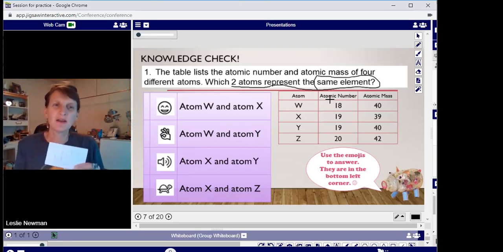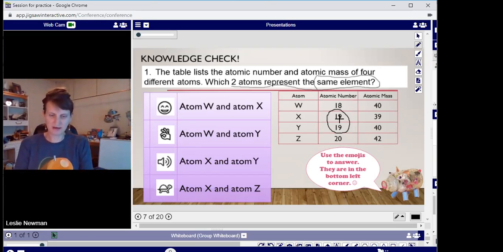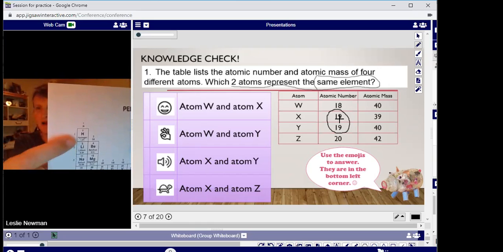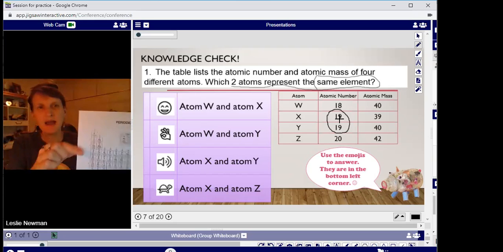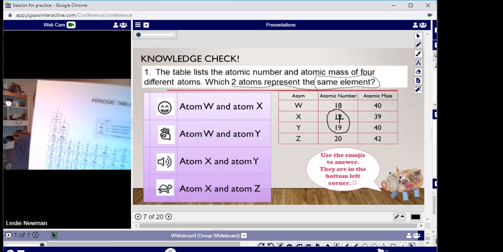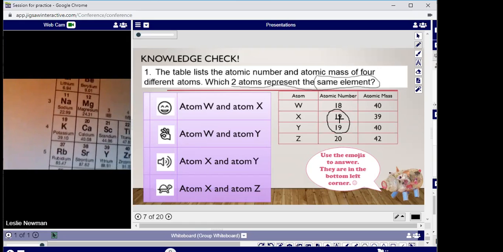Is the number of protons the atomic number or the atomic mass? It is the atomic number, and that is the number on the periodic table. So here's my periodic table. Hydrogen is atomic number 1, lithium is 3, and this one here is number 19, which is potassium.